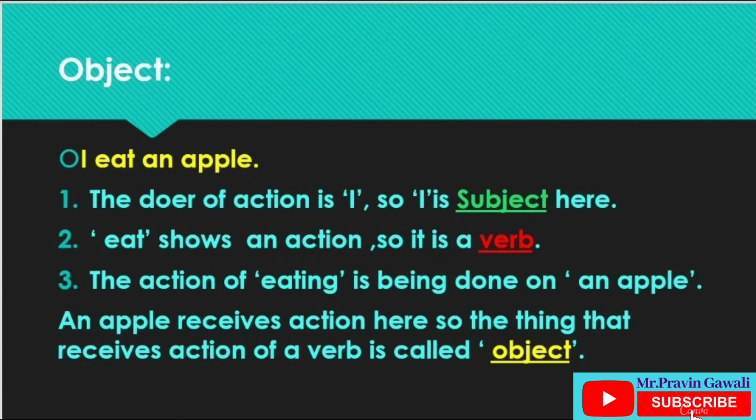Students, in this sentence, the doer of the action is I. I is a pronoun. So here the doer of action is called subject. Who is subject in the sentence? The doer of the action is called a subject. As well as, the thing the sentence tells us about is known as subject.